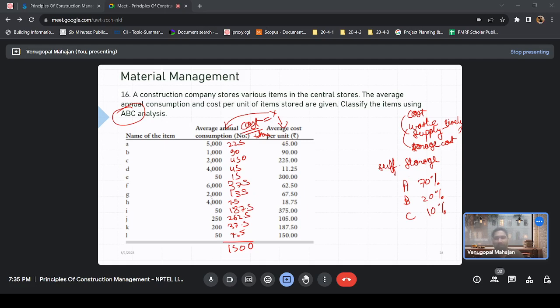As you can see, the highest one is C, 450, right?